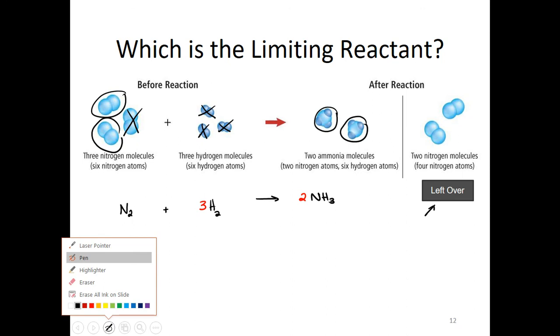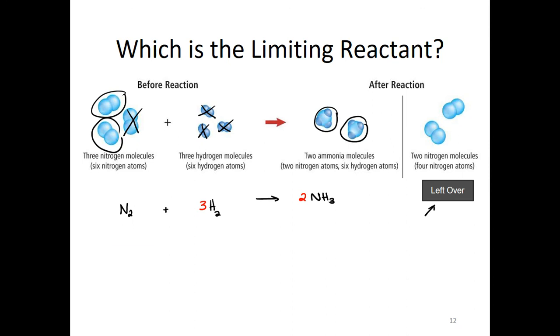So let's figure out what our limiting reactant is. What is the thing that is limiting the number of ammonia molecules that can be made? And what is the reactant that is being completely consumed in the reaction? It's hydrogen.